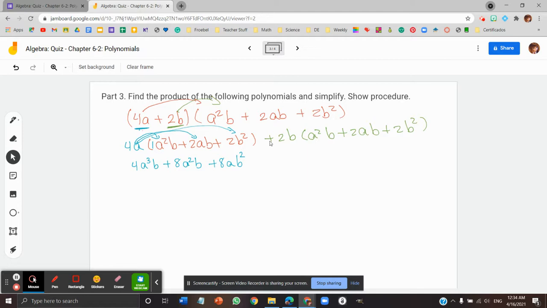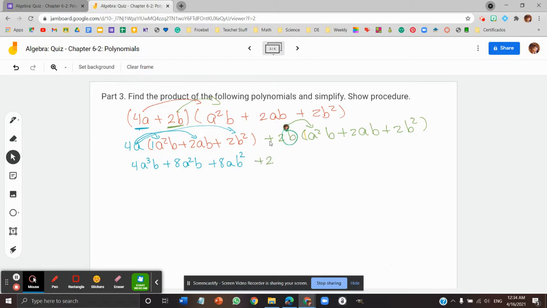Let's check out our second group. 2b times a to the second power times b. Again, I don't have any other coefficients to multiply, so that will be the same as 2 times 1, and that is going to be 2.